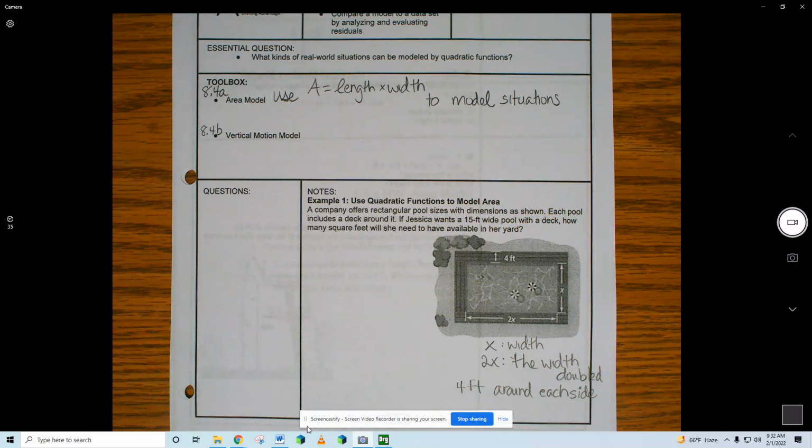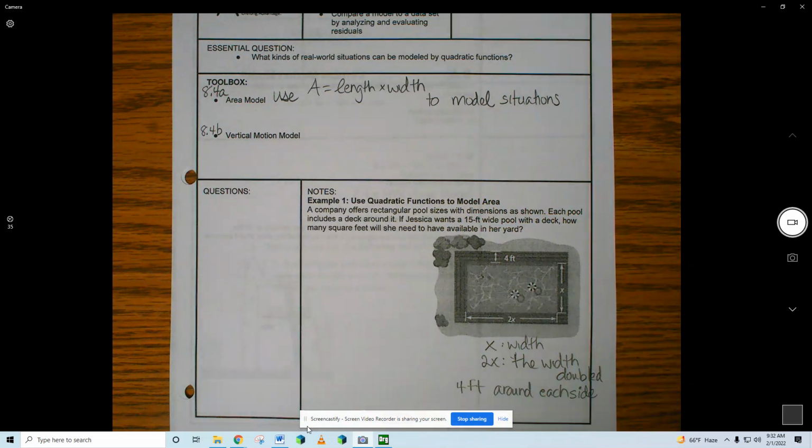But double that is going to be how long your pool is. So double x and 2x. Do you get that 2x means double? And that's a perfect rectangle. You've got one side that's like 10 feet and the other one could be 20. So 10 by 20, I doubled it.